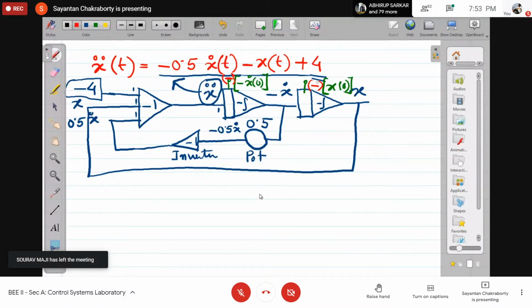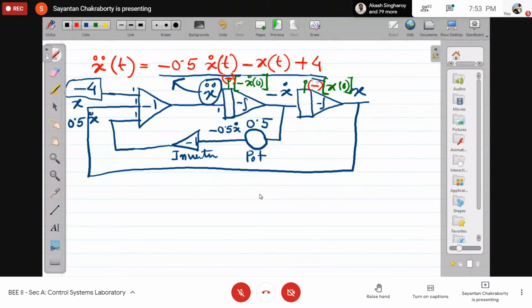But for computer simulation, using, say, Simulink or PSpice, you can use your general non-inverting integrator and non-inverting summer. There's no problem. But since we are using only inverting integrators and inverting summers, we need to incorporate that in the theory as well. That's a general practice because they are easily available and affordable.